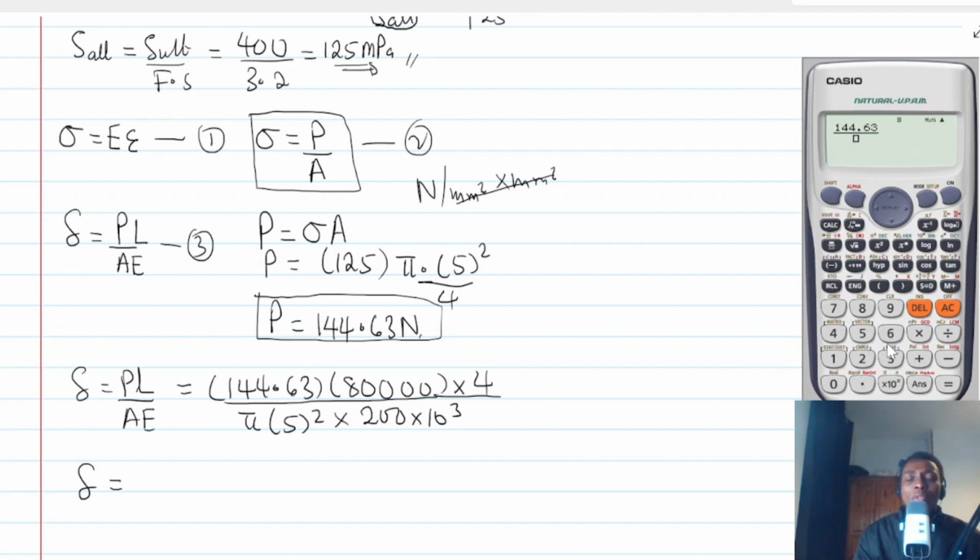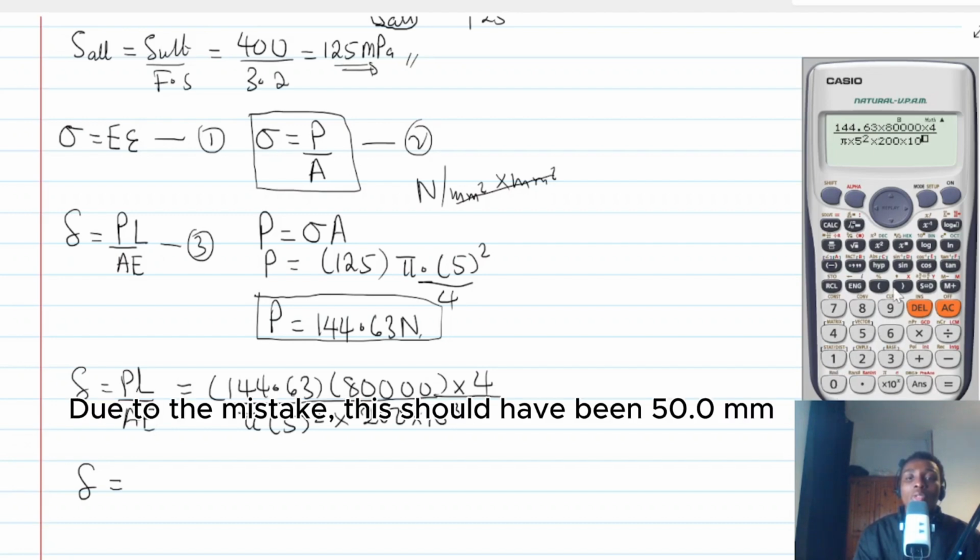So 144.63 multiplied by 80,000 multiplied by 4, divided by pi multiplied by 5 squared multiplied by 200 multiplied by 10 raised to the power 3.